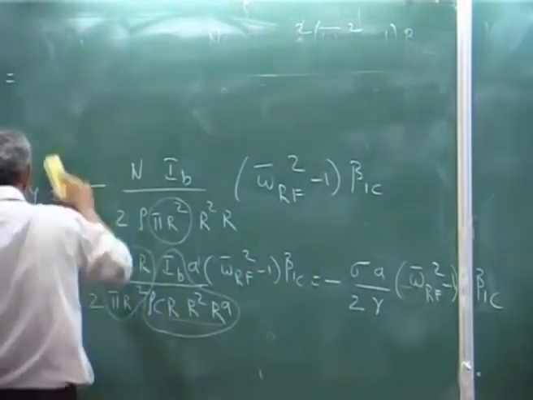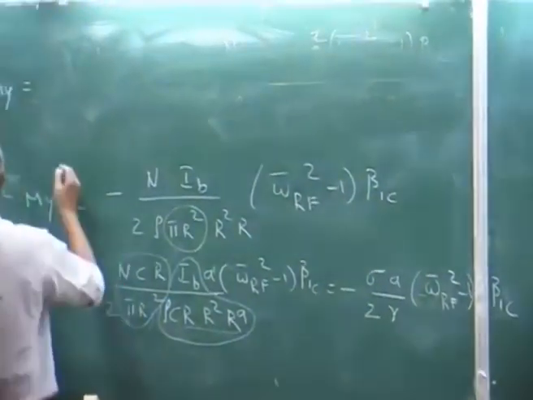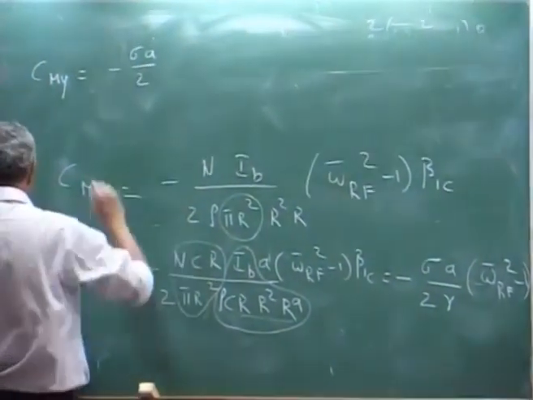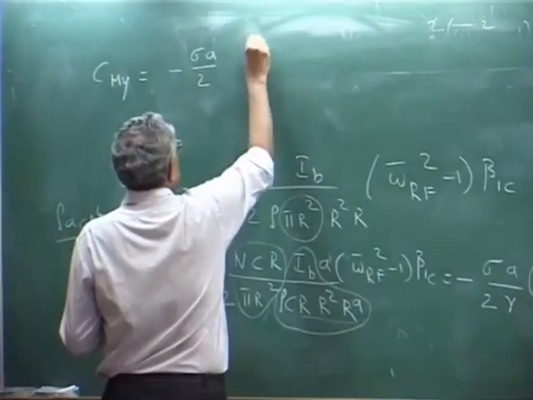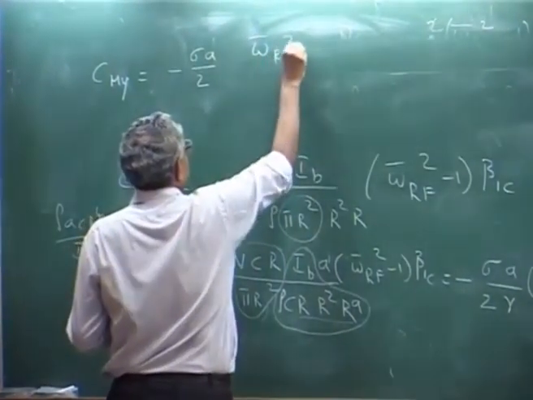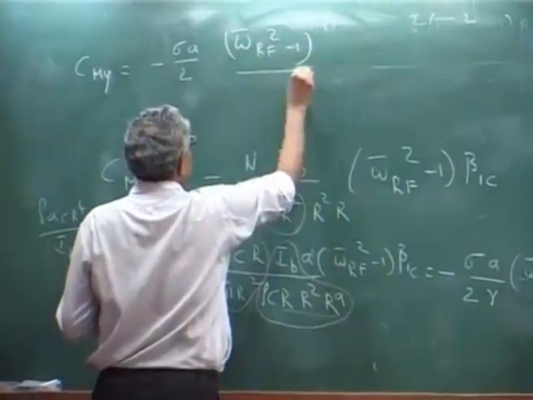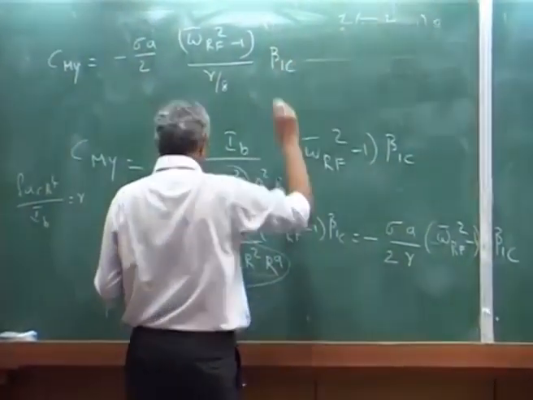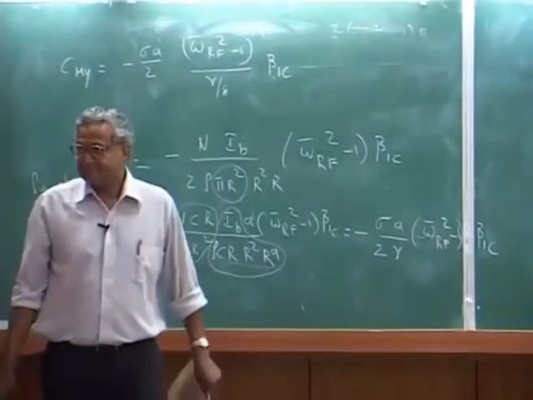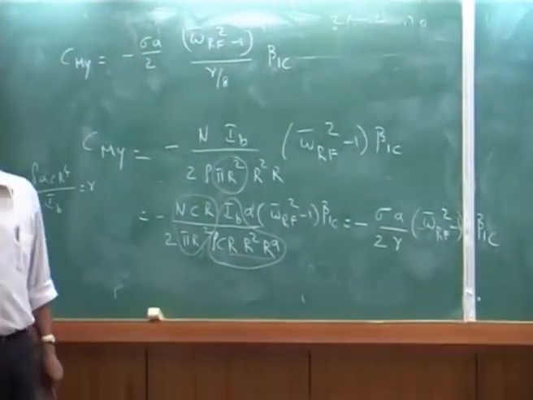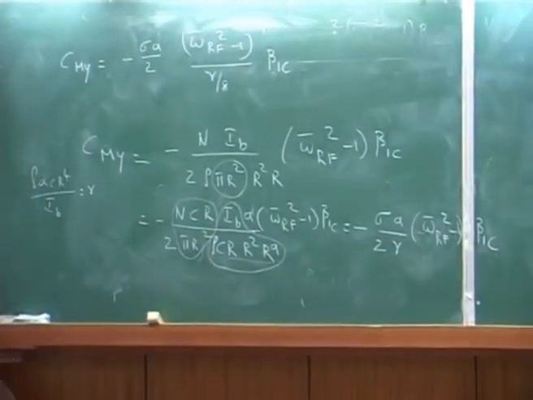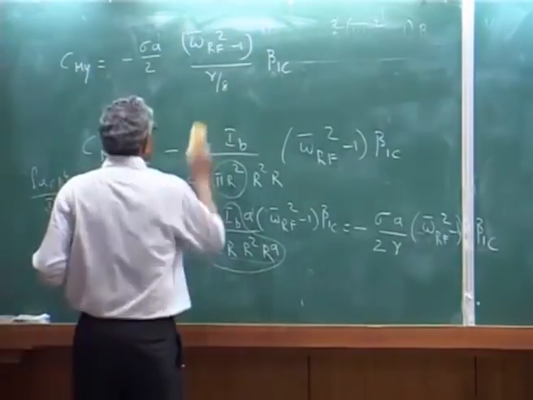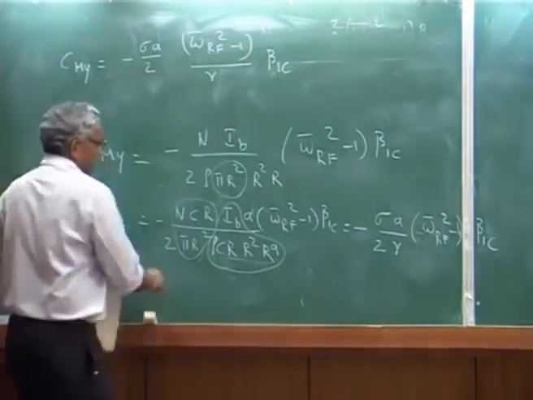So your C_My becomes minus sigma a over 2 times omega bar RF squared minus 1 divided by gamma, times beta 1c. That is all. Sorry, not 8, I am sorry, gamma.